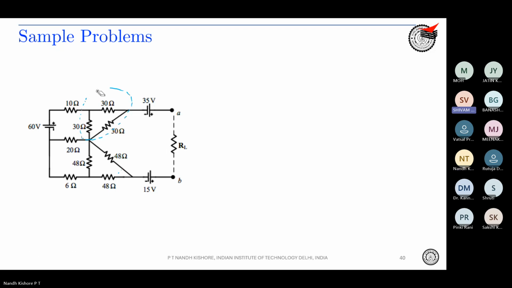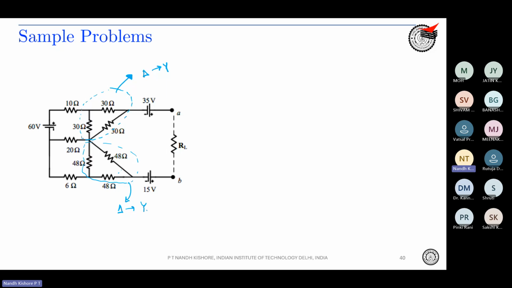So this is a star to delta transformation. This is in delta, so delta will convert to star. Same over here. This we will convert from delta to star. So you tell me, if you convert from delta to star, what will happen to the equivalent resistance?